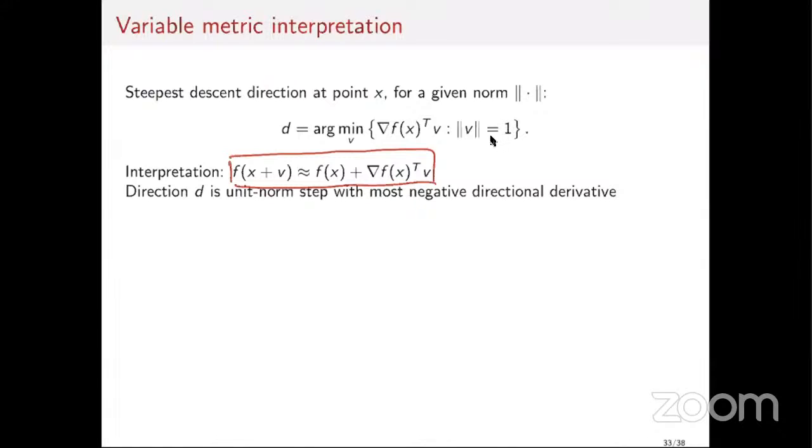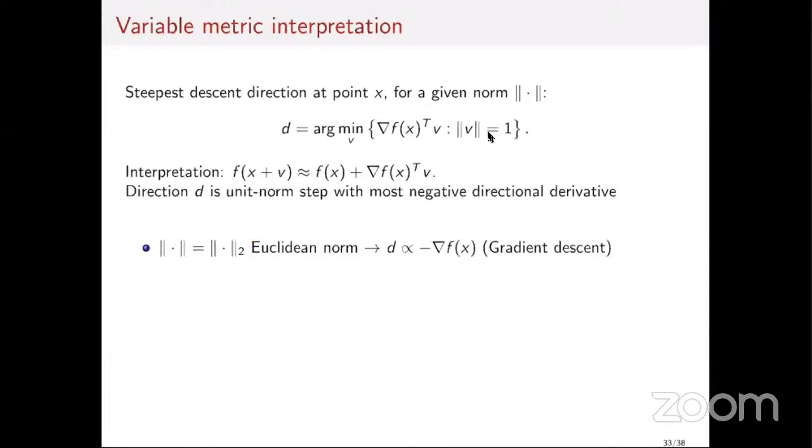Essentially, it is the solution of the minimum of the gradient of f of x transpose v. This is the term that you see here. This is just the directional derivative of f in the direction v, and you seek the one that minimizes this thing, subject to a certain normalization condition on v. The direction will in general depend on which normalization you put on v, so which norm you choose.